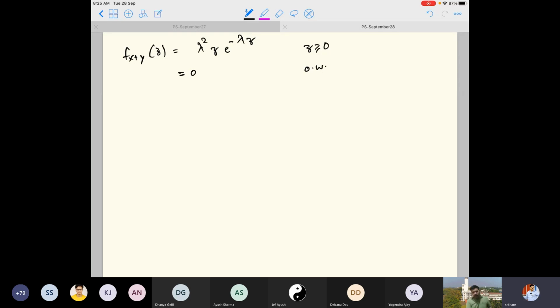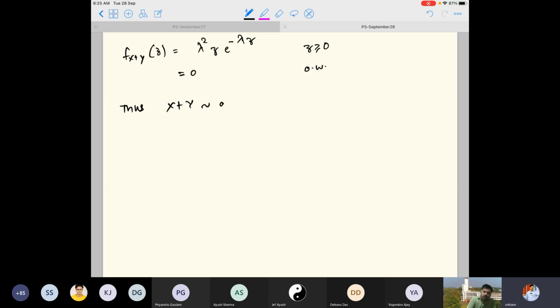Can you recognize this density? Is this density something that we have already seen? Have you seen this density before? The gamma density, yes, correct. This is a gamma density, and what are the parameters?